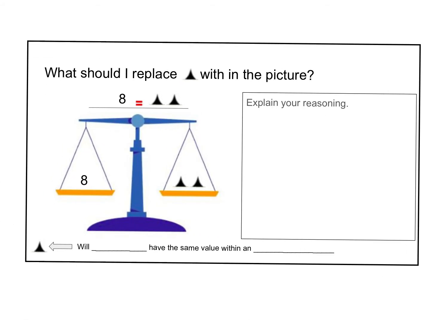All right, I want you to pause the video and think about what you see here in our balance. What do you think we could replace our pawn or our triangle with in the picture to help us out? All right, so some things that we notice is that there are 2 triangles on one side, and we have an 8 on the other side, and that the 2 sides are balanced.